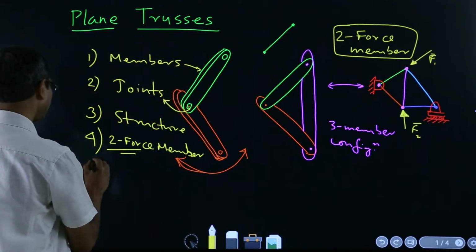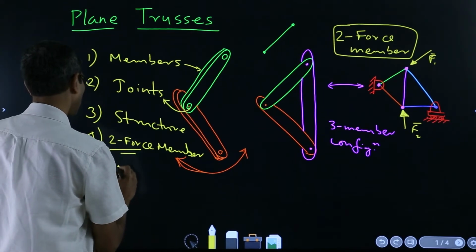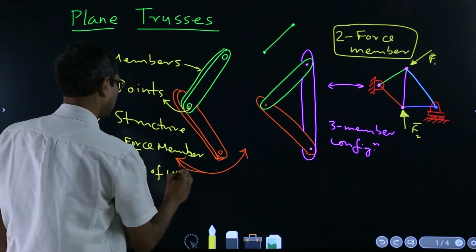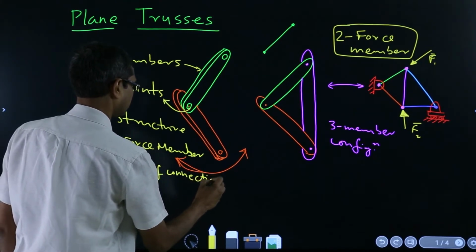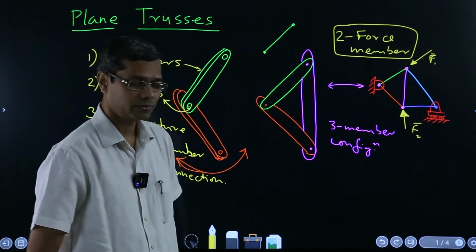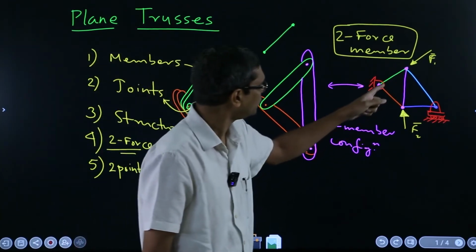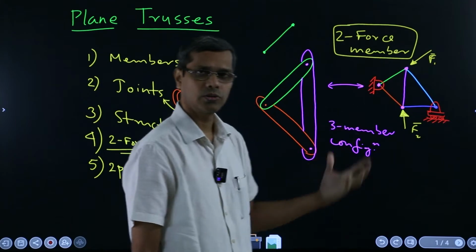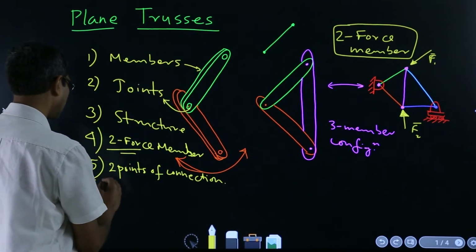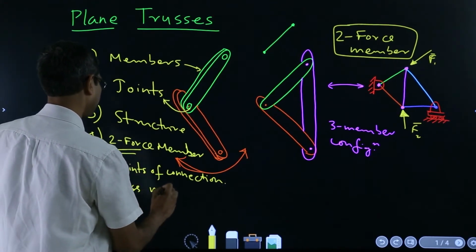So any member has only 2 points of connection with the structure. Now if there are only 2 points of connection in the structure, and no forces or moment is acted on or along the member, that means weight is also neglected, mass neglected.